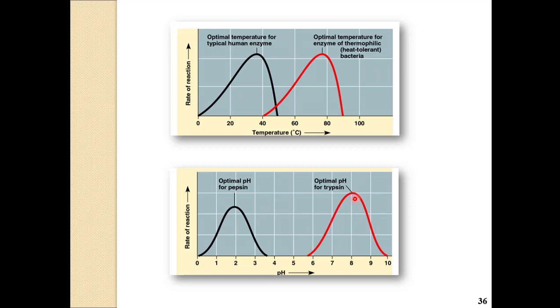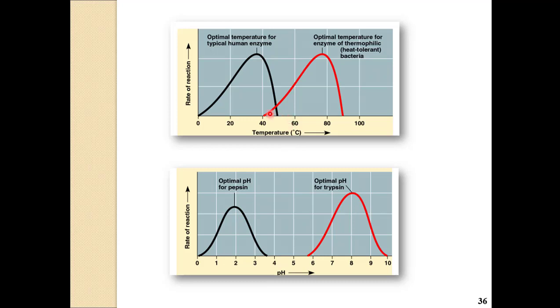So even though these two enzymes are both within the human body, they work at very different pHs, and if you put one in place of the other, it wouldn't function, because the pH of the solution would destroy the functionality of that enzyme. In other words, if you took pepsin and stuck it into the small intestine, it's not going to work, or it would work at a very low level. And if you took trypsin and threw it into the stomach, it would not work or work at a very reduced level.